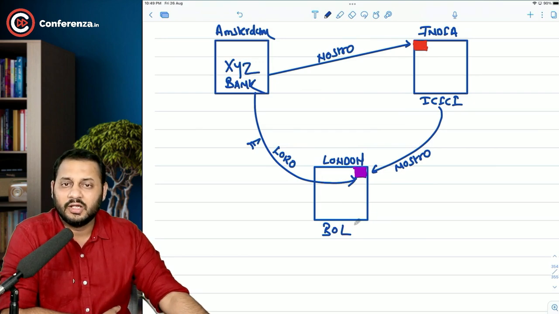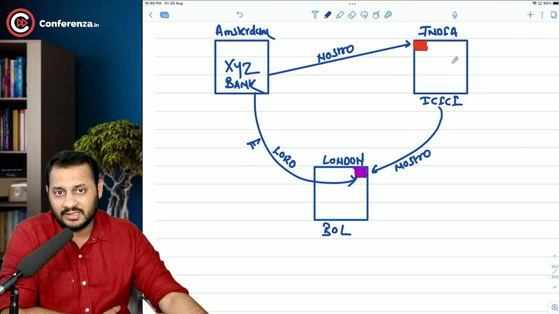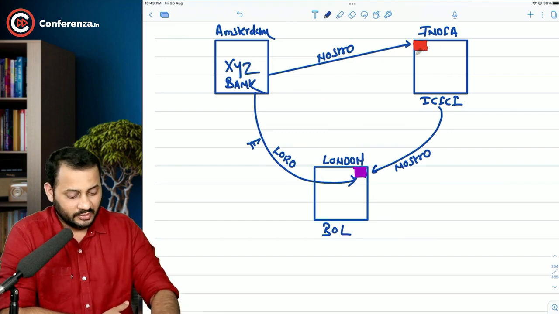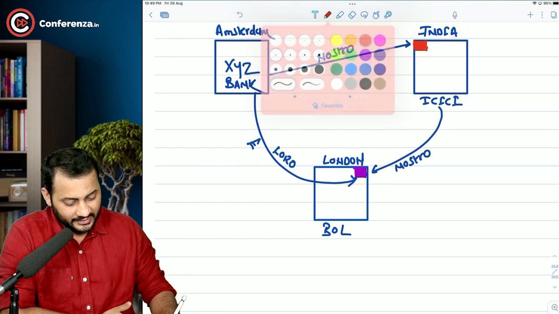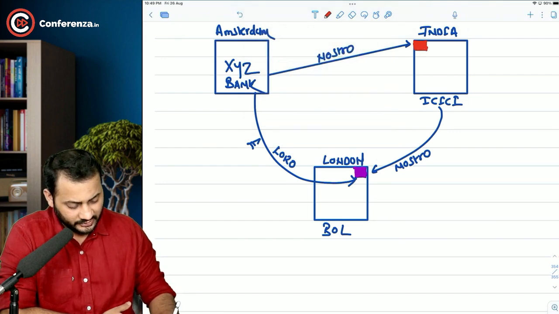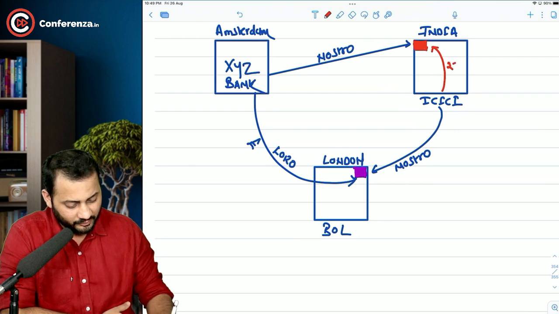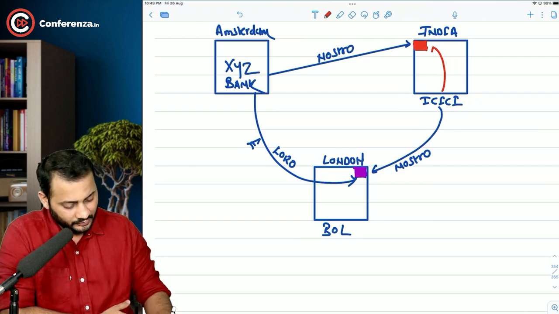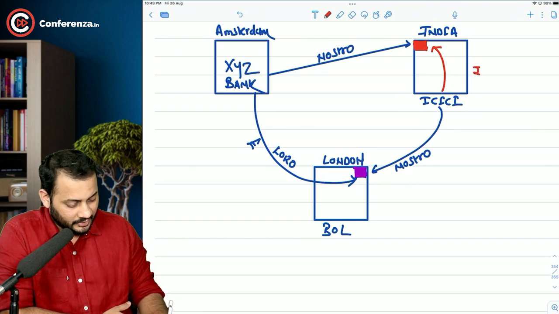Okay. Now what is the situation? XYZ Bank asked ICICI Bank to credit 25 million rupees in its Nostro account. This is the account of XYZ Bank in ICICI Bank. So they told ICICI Bank to please deposit 25 million rupees in my account with you.